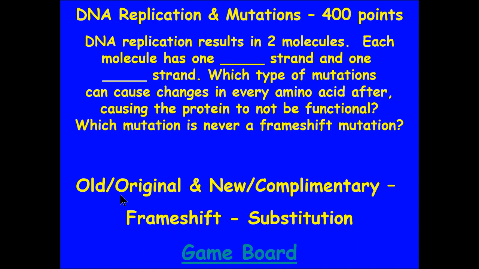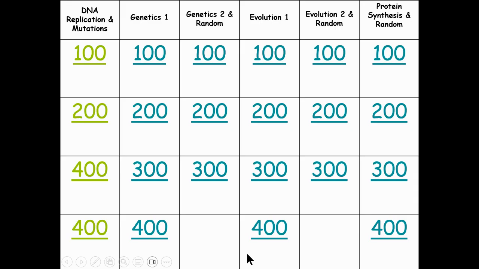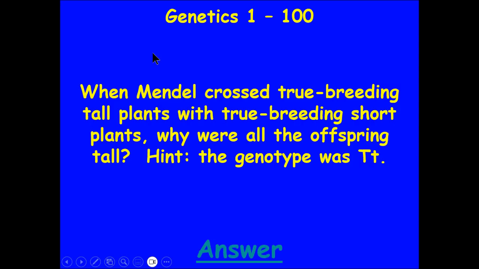Substitution mutations don't remove a nucleotide, they don't add a nucleotide, they just simply change nucleotides. So it's very unlikely that substitution mutations are going to cause serious problems, but there is no frame shift with a substitution mutation. All right, on to genetics.